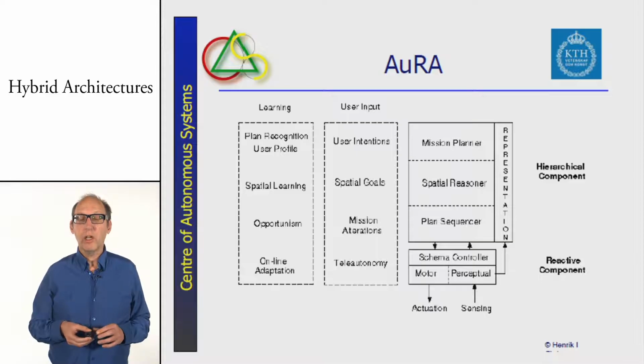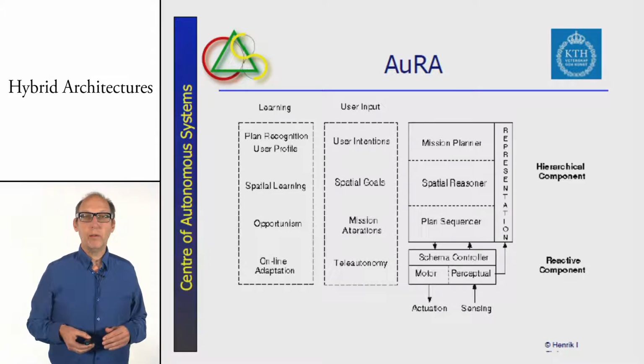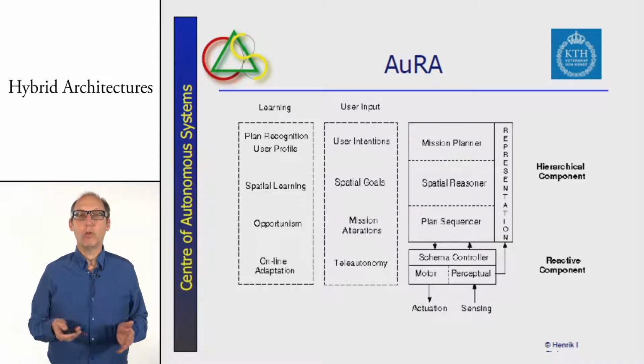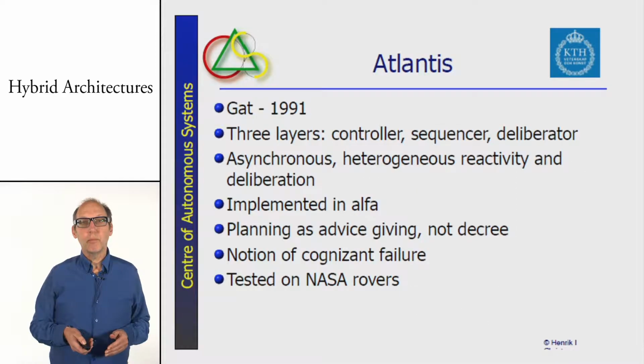On the highest, the mission planner, then the spatial reasoner, and at the end a plan sequencer, where you think about what to do when, and not always to have the same robot schema active, because you can also choose between different reaction schemas depending on what is relevant at that moment.